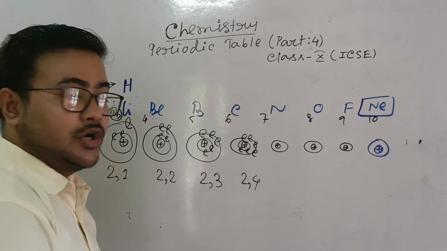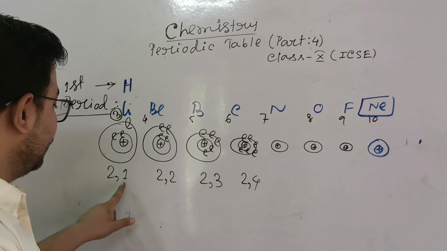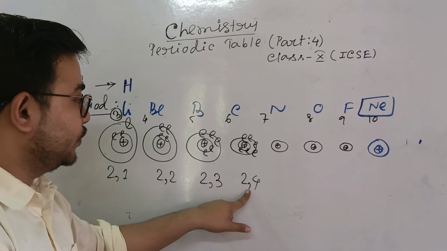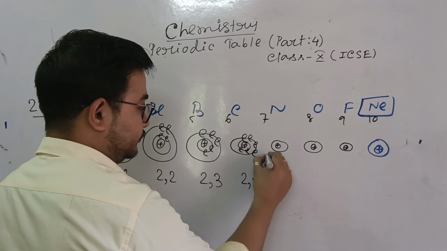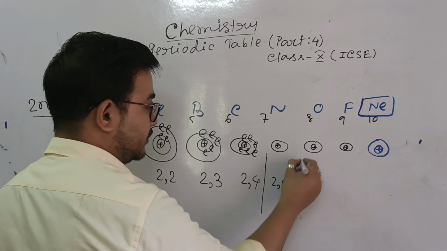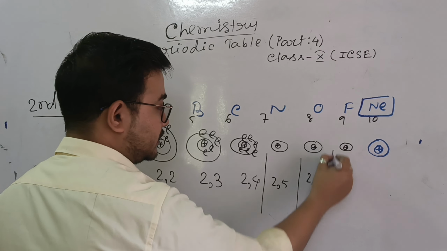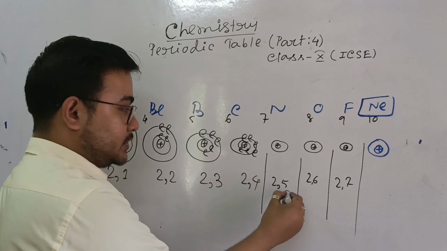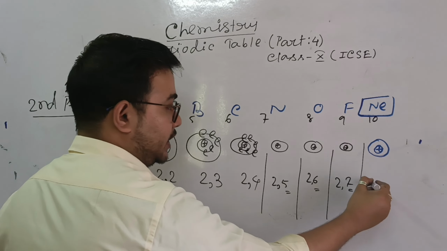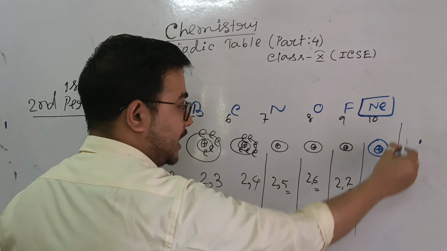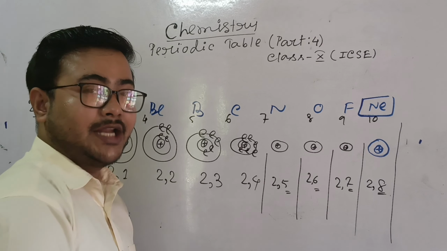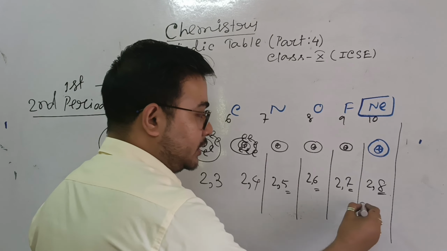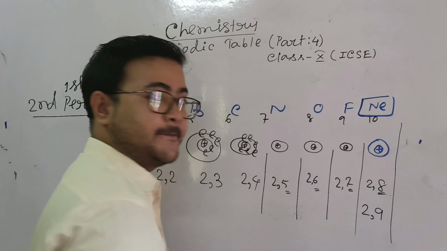If you follow the same trend, here 2 1, 2 2, 2 3, 2 4, then 2 5, 2 6, 2 7. So the outermost shell contains 5 here, 6 here, 7 here. Now here the outermost shell contains 8. Is it possible to form 2, 9?